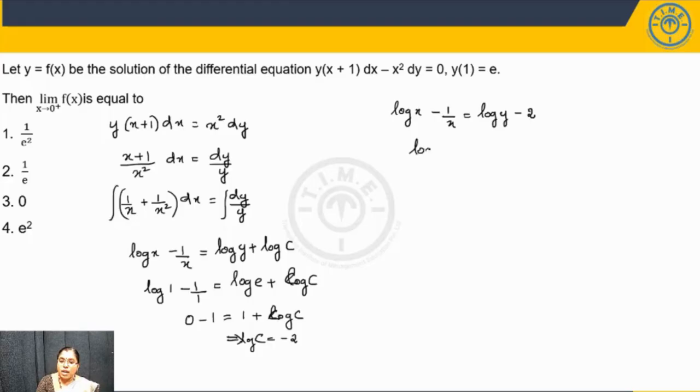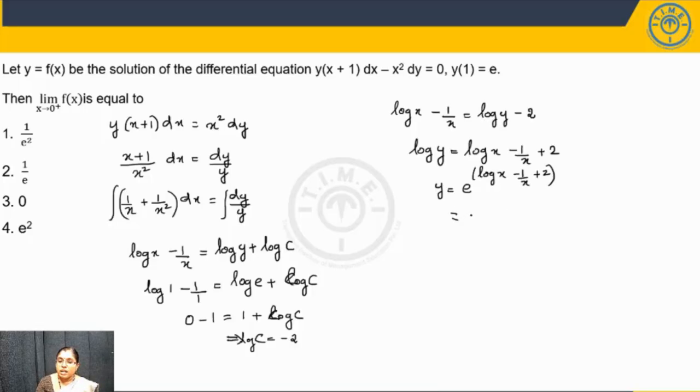Taking the negative to the left hand side, we get log y is equal to log x minus 1 by x plus 2. Now just to make this as y, let's take e to the power on both sides. E raised to log will get cancelled and we'll get y is equal to e raised to log x minus 1 by x plus 2.